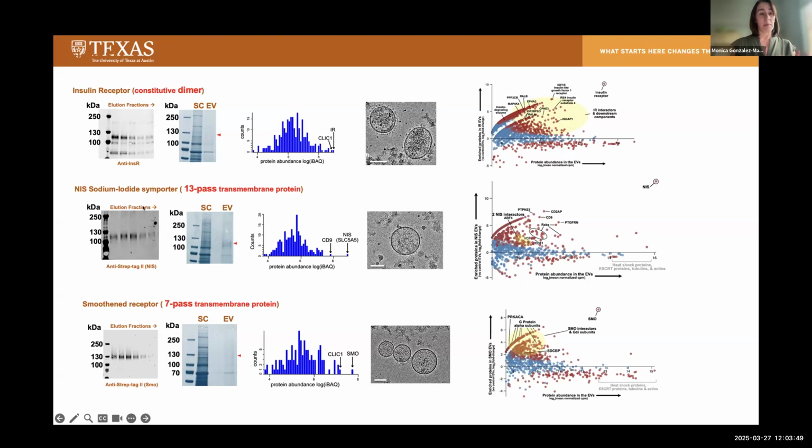Here I'm showing 3 examples. The insulin receptor is a constitutive dimer, and it also went very well into the vesicles, and the mass spectrometry showed it as the most abundant protein, the same as a 13-pass transmembrane protein, the sodium iodide symporter, and a 7-pass transmembrane protein, the Smoothened receptor.